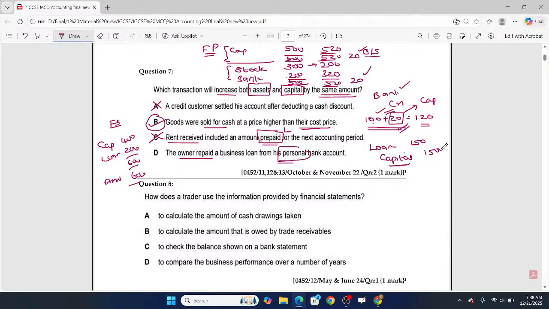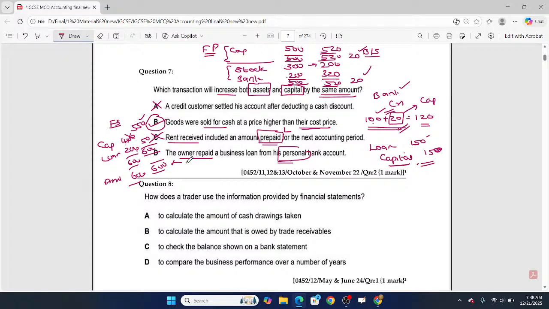The amount brought in from the personal account will be credited to the capital account and it will reduce the loan amount. So after this, the capital increases from 400 to 550, and the loan of 200, after the 150 payment, becomes only 50 rupees. So 600 rupees is the value here and here also 600. Of course, capital increases, but there is no change in the asset.